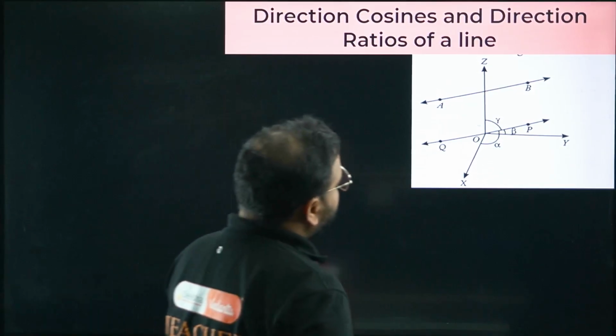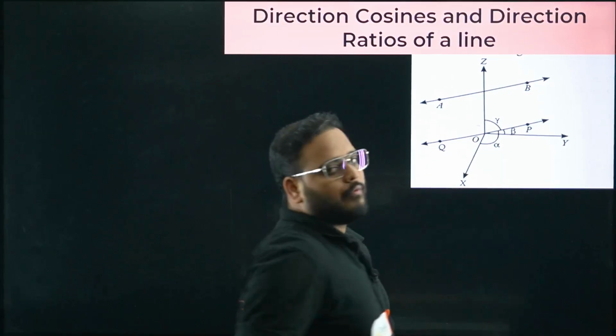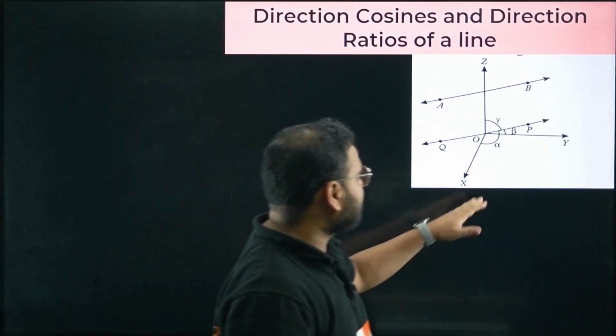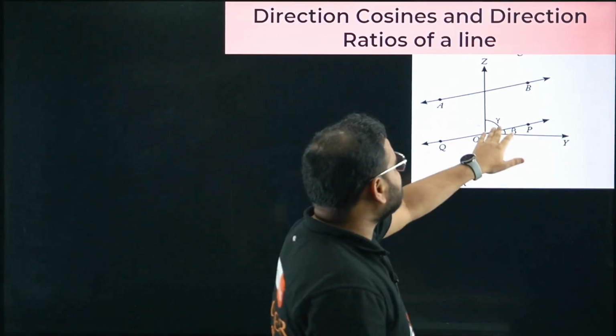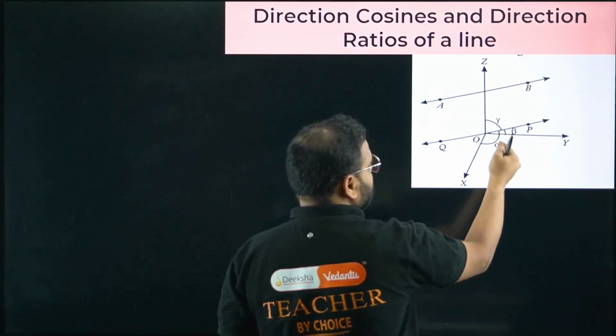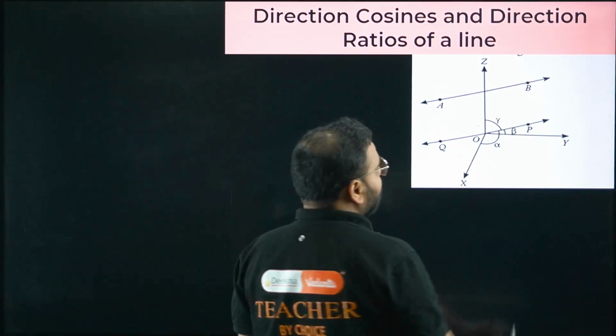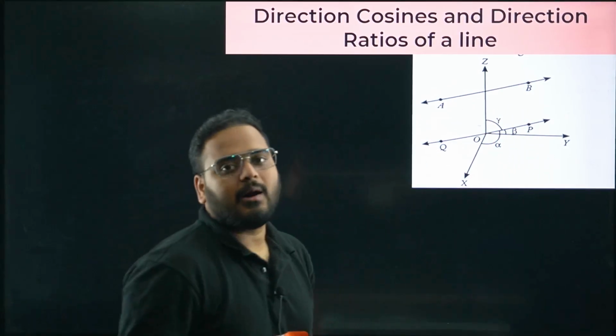Direction cosines. If you see, there's a vector written like this, vector PQ, which is having an angle with the x-axis as alpha, with the y-axis as beta, and with the z-axis as gamma. With x, this is the angle alpha. With y, we have beta as the angle. With z, we have gamma as the angle.